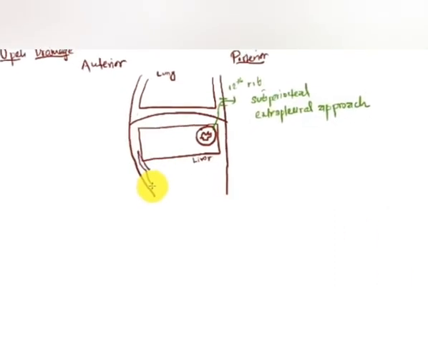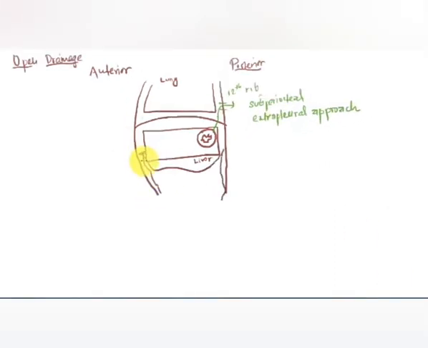For anterior abscess, we can see here this is the peritoneum forming the peritoneal cavity. There are adhesions present. So this is the abscess. We just make an incision and drain the anterior abscess from the subcostal region, by an extraperitoneal approach.